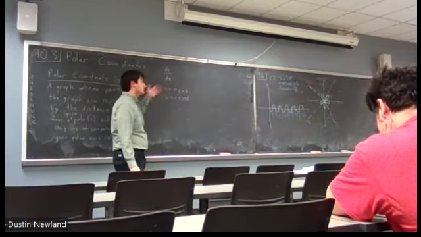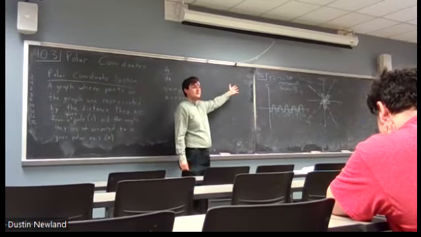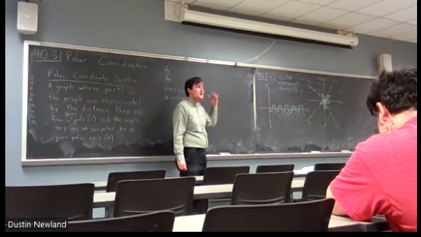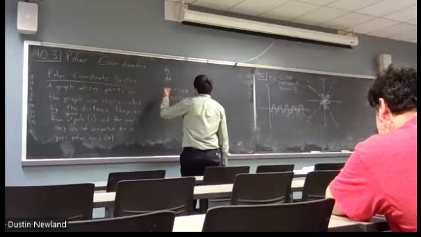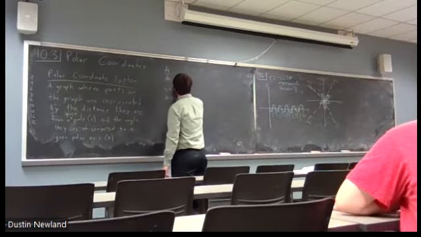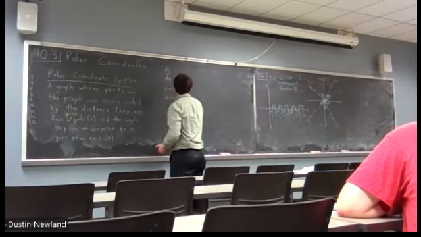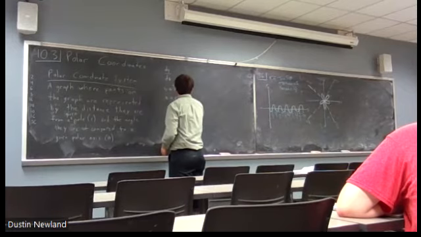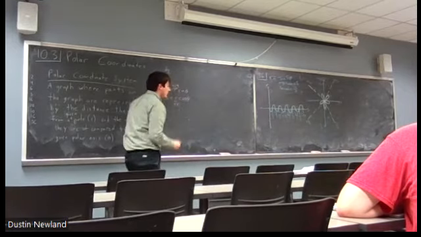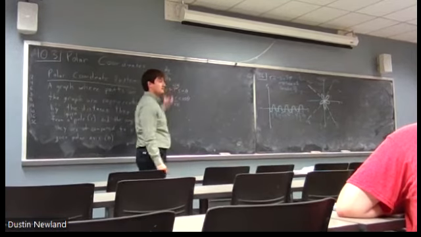But given a specific graph, r might be something like negative sine of 5 theta. So it might be some function of theta. So y equals r sine theta, or maybe I'll think about that as f of theta sine theta. So it's a function of theta. x is r cosine theta, or f of theta cosine theta. So all that to say, y is in terms of theta and x is in terms of theta, right?